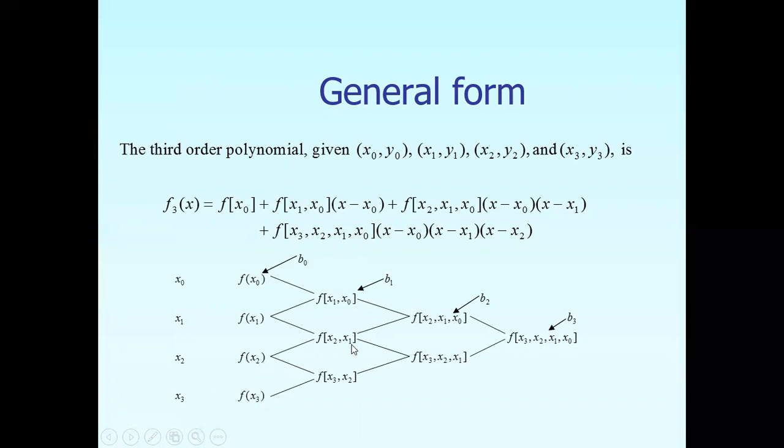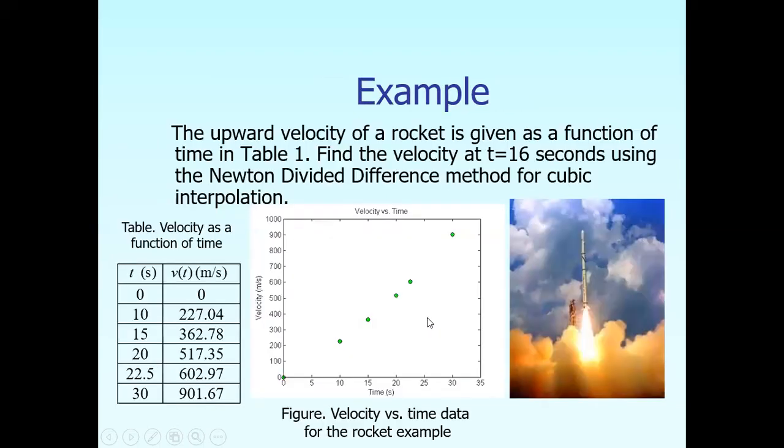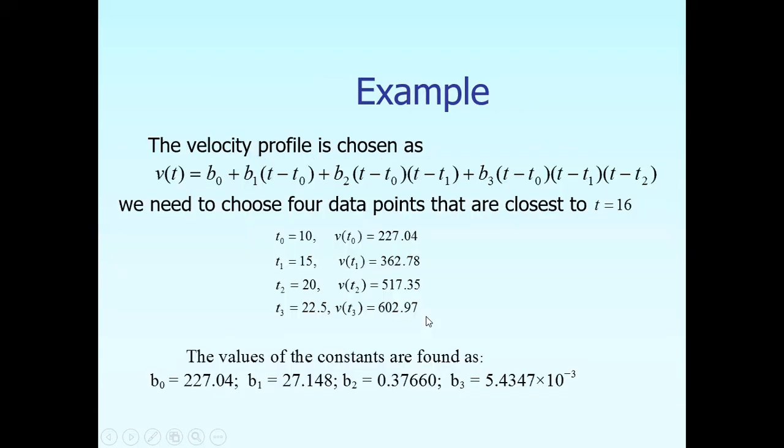Again, f of x2 comma x1 minus f of x1 comma x0 gives f of x2 comma x1 comma x0. Similarly take the differences again, and this is your divided difference table. We can find the values of b0, b1, b2 and b3 from that table.